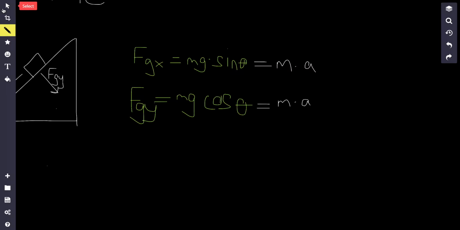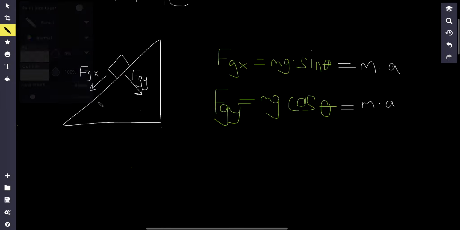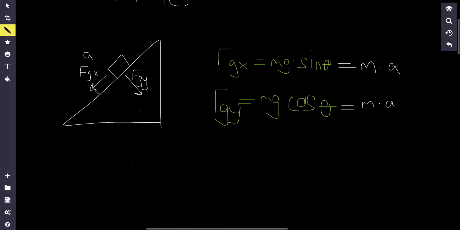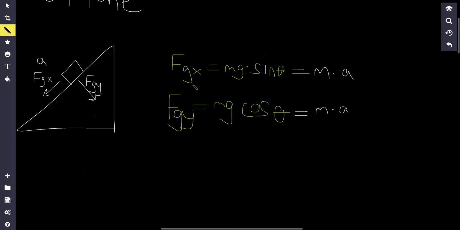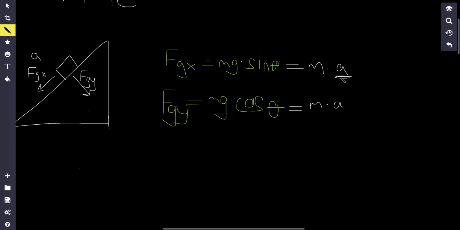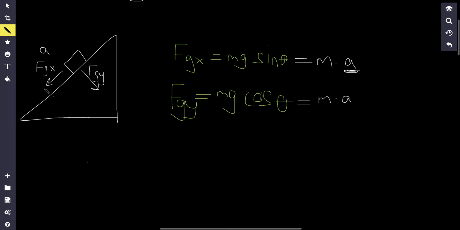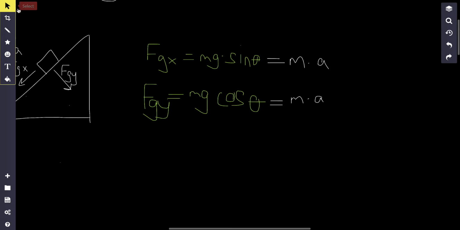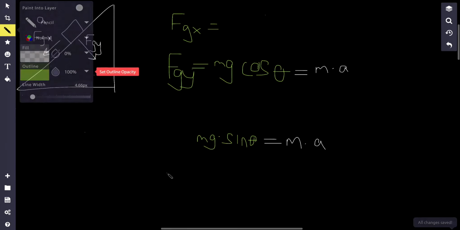And this is really useful because imagine you're trying to find the acceleration in the x direction. You can calculate the force in the x direction, of course, but if you're trying to find the acceleration, so basically how fast the box moves down, notice how you have this equation right over here. mg sine of theta is equal to mass times acceleration.